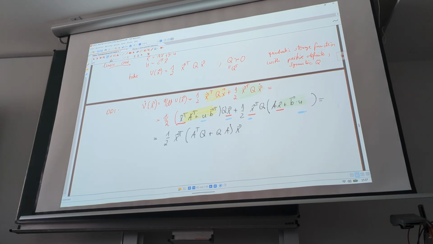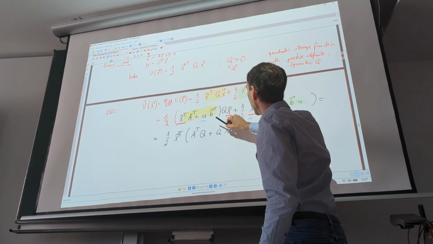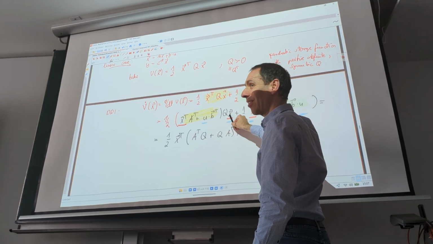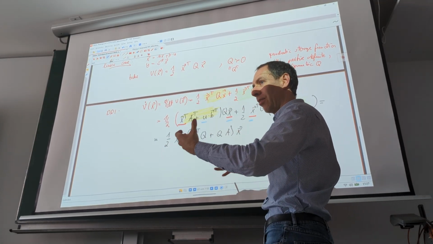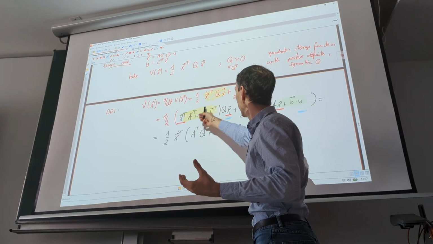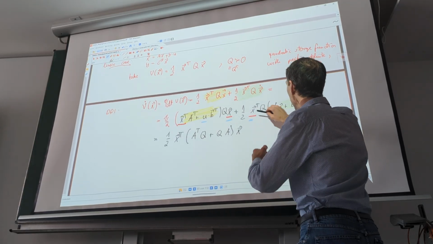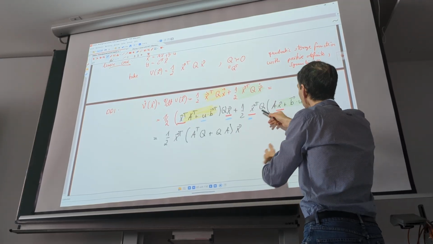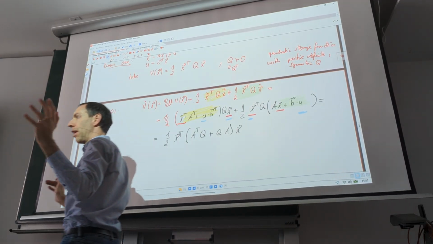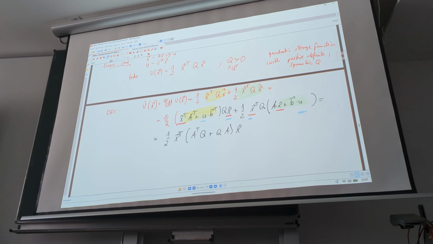And here I have a B transpose x, B transpose a row vector times x, so this is a scalar quantity. Here I have an x transpose QB, x transpose row, Q times B is still a column. So these are scalar quantities, therefore I can merge them. Okay? So this one half in blue and the other one half in blue become the same thing.